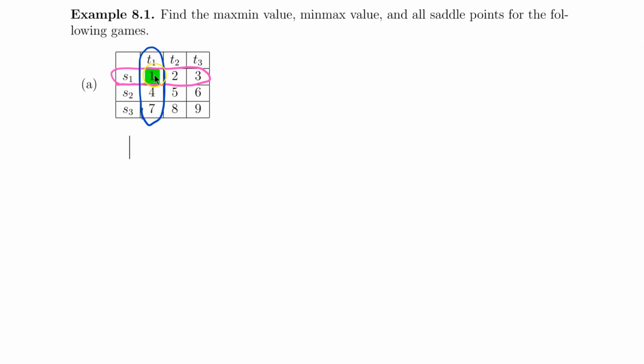So this number 1 cannot be the saddle point. You can look around a little bit. If I move here, could this number 5 be a saddle point? Well, it's not the smallest in the row, so this is not a saddle point for sure. You can chase around a little bit, and in the end, you'll find that this number 7 here is the saddle point, because it is the smallest in the row and the largest in the column.